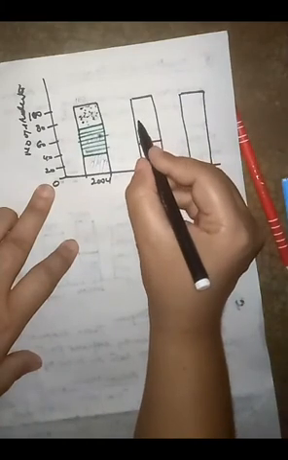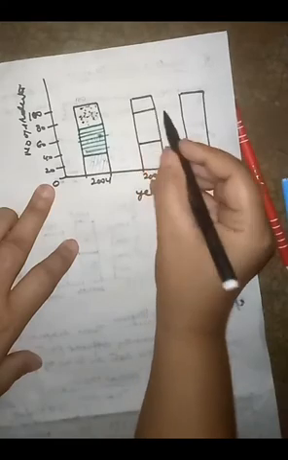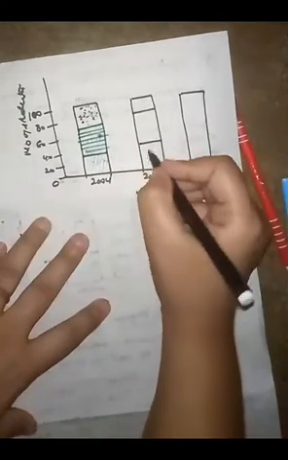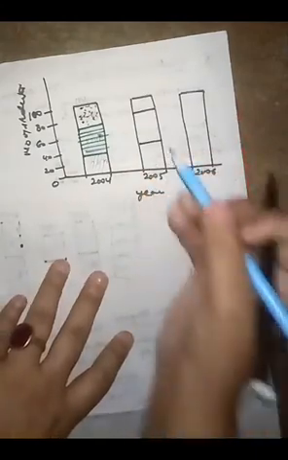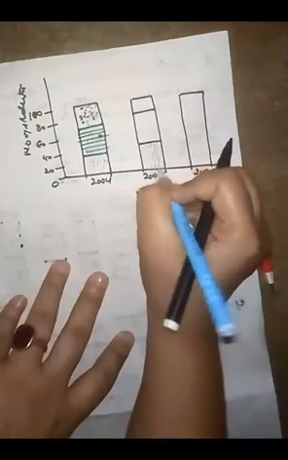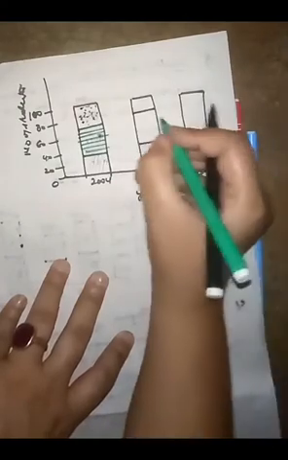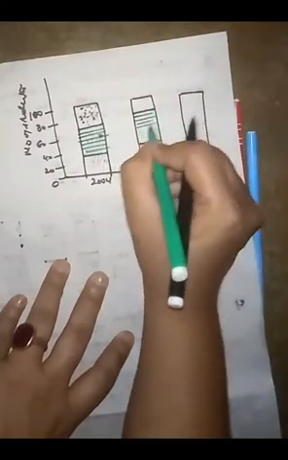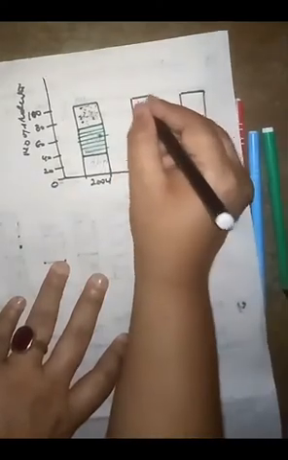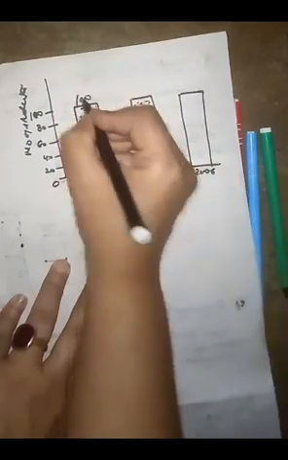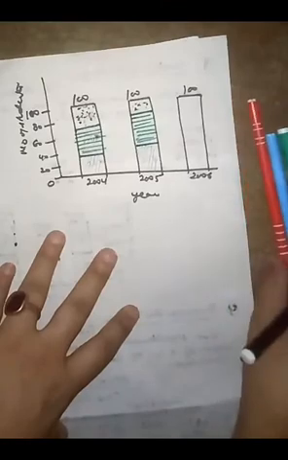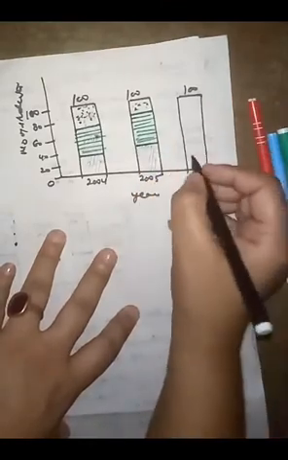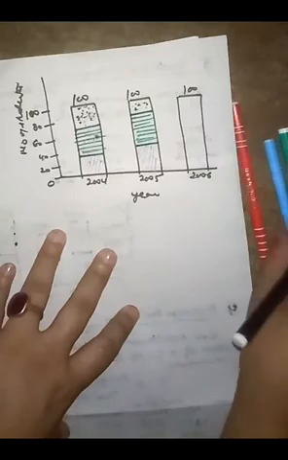So 45, I think this one comes if you add both, right, and again this shows the arts percentage, this shows the science percentage, and this shows the commerce percentage, and this one is total 100, right, and similarly, move on with this one.